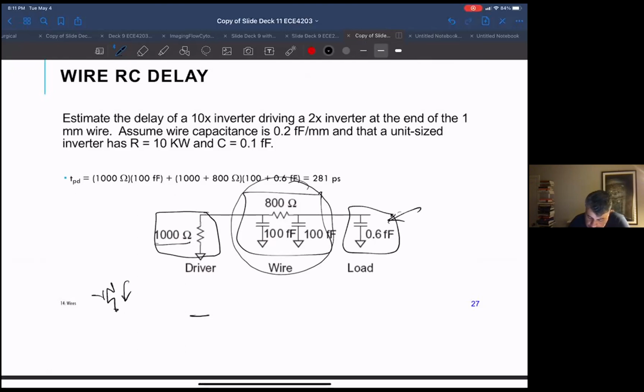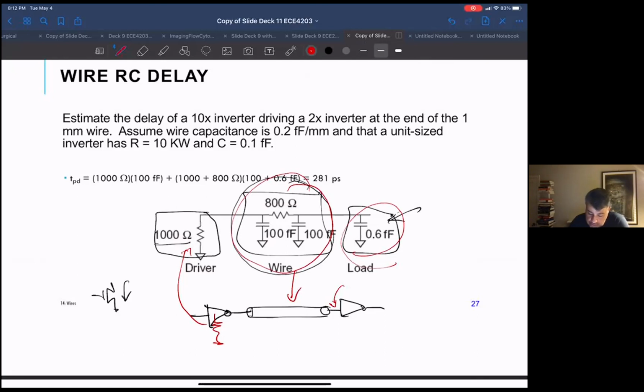If I were to draw the schematic at a very high level, it'd be this inverter, some routing, and then it driving another inverter. So this is the driver, this is the gate capacitance of the next inverter, and this is the wire connecting the two.